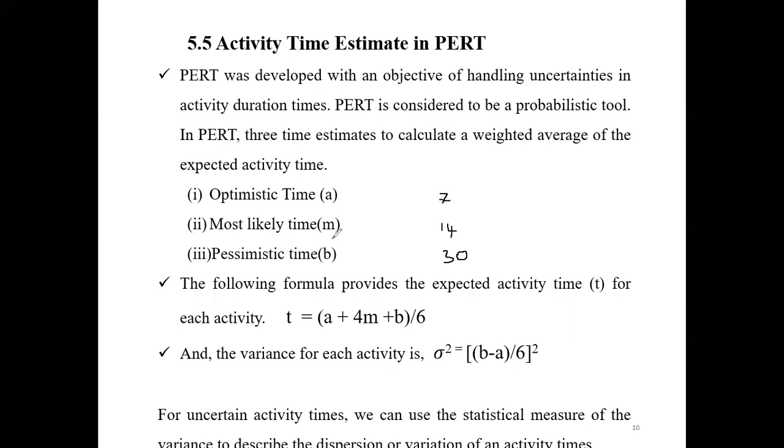Here, considering this probabilistic time, the operations manager or the project planners have to get the expected activity time for each activity, considering these three and using the given formula. The formula is A plus 4M plus B, altogether divided by 6.